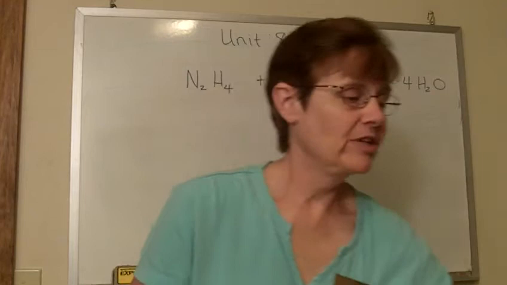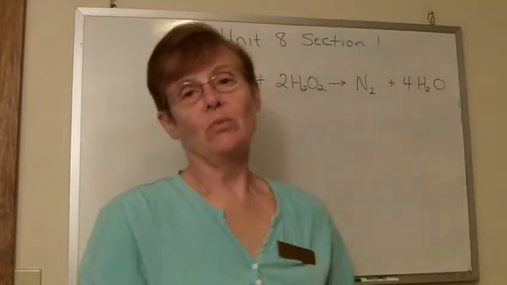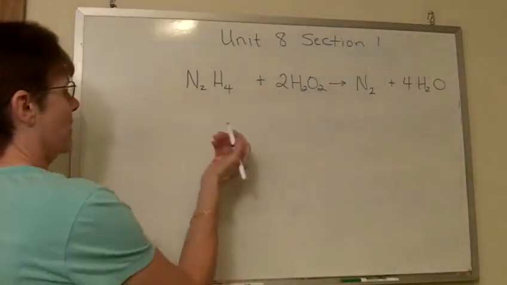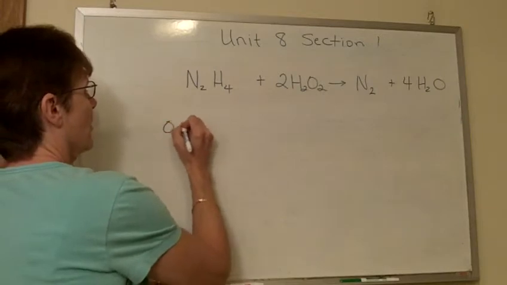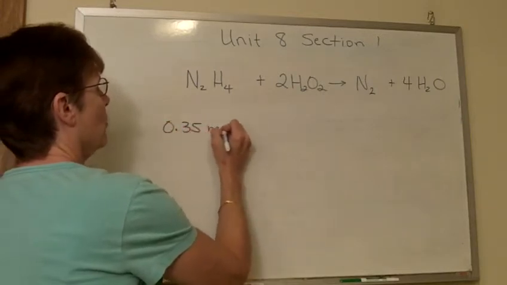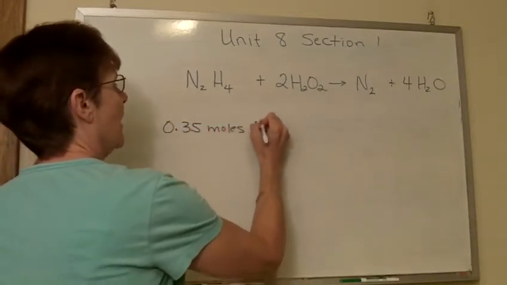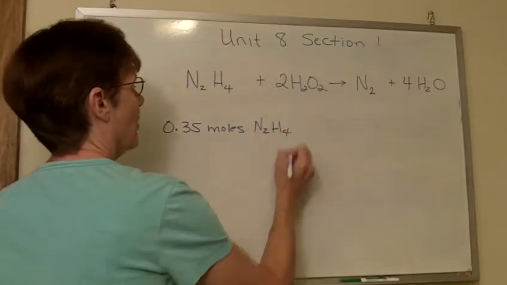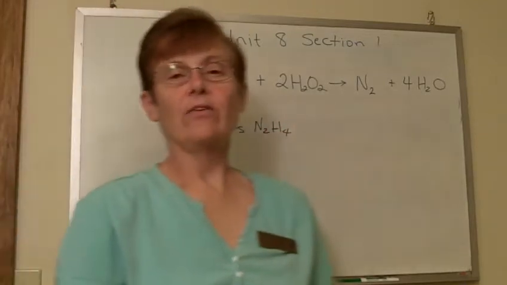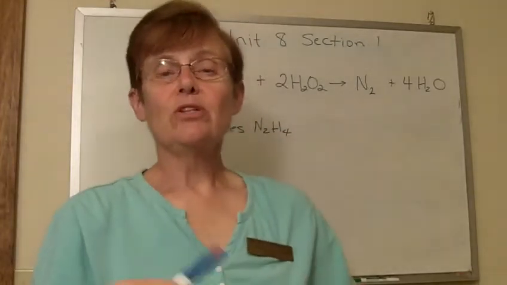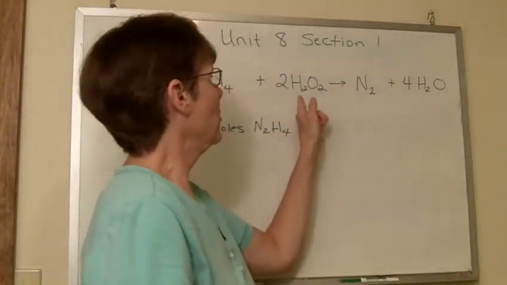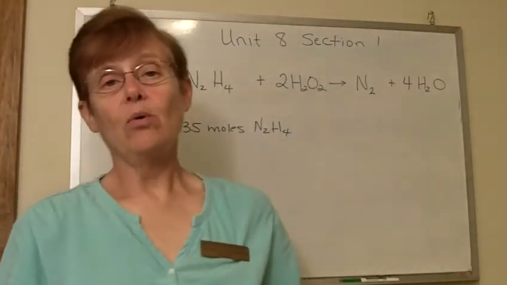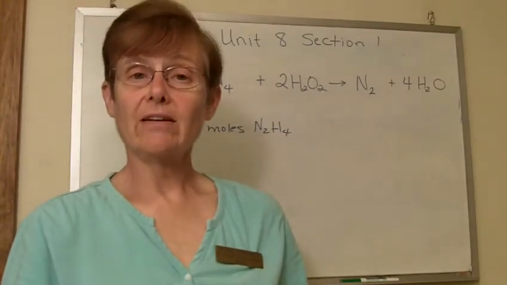So let's say, for example, that we knew that we were going to be able to start our reaction with 0.35 moles of N2H4. Now, if we know that, then we should be able to figure out how many moles of H2O2 are going to be required to react with that.